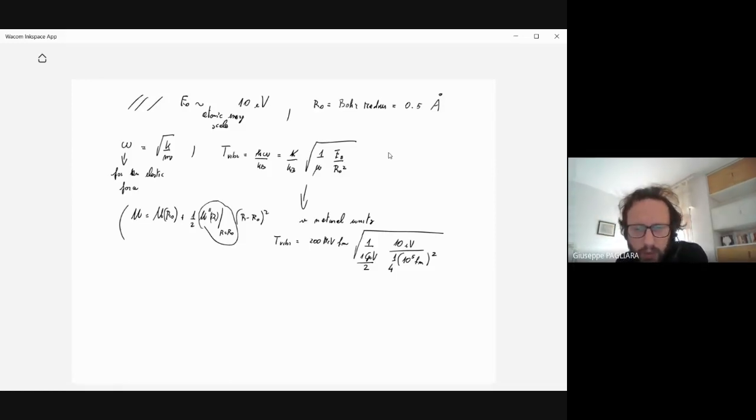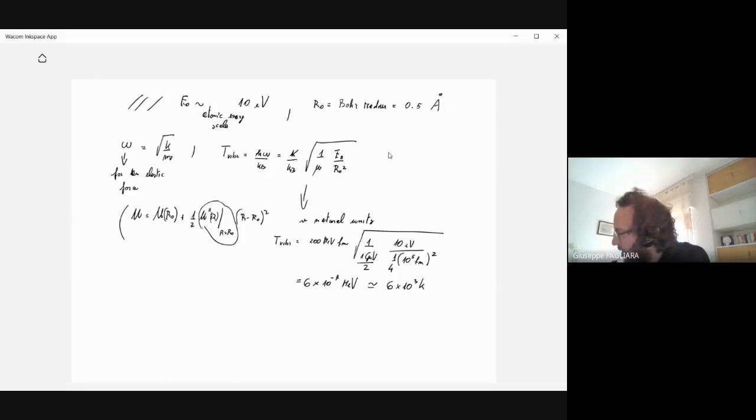Let me see if the dimensions are correct. Yes, I have something which is an energy, of course, because Fermi and Fermi cancel. Here you have energy and here you have energy. So you just do the computation and you get this number here: 6 times 10 to the minus 7 MeV, which in terms of Kelvin is of the order of 6 times 10 to the 3 Kelvin.